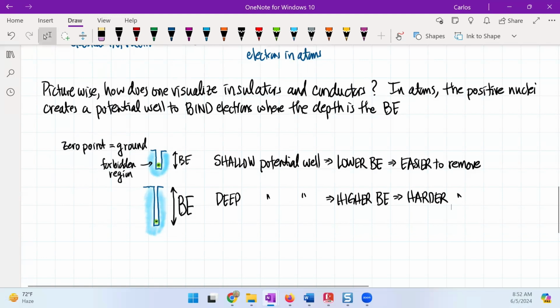So now we could start talking about the difference between insulators and conductors. So now let's look at insulators.